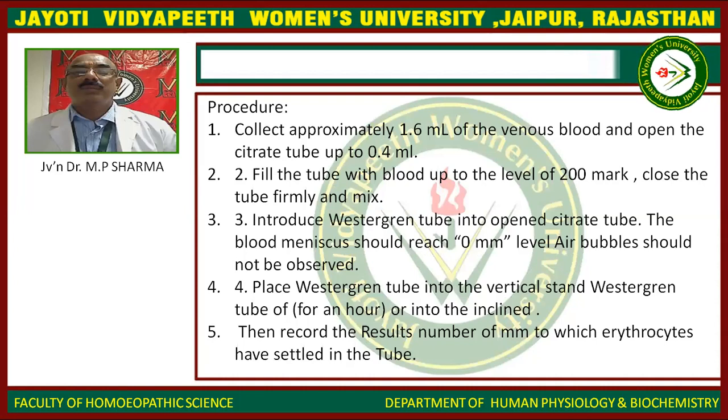Procedure: collect approximately 1.6 ml of venous blood and fill the citrate tube up to the level 0.4 ml. Fill the tube with blood up to the level of 200 mark. Close the tube firmly and mix. Introduce Westergren tube into the open citrate tube. The blood meniscus should reach 0 millimeter level.